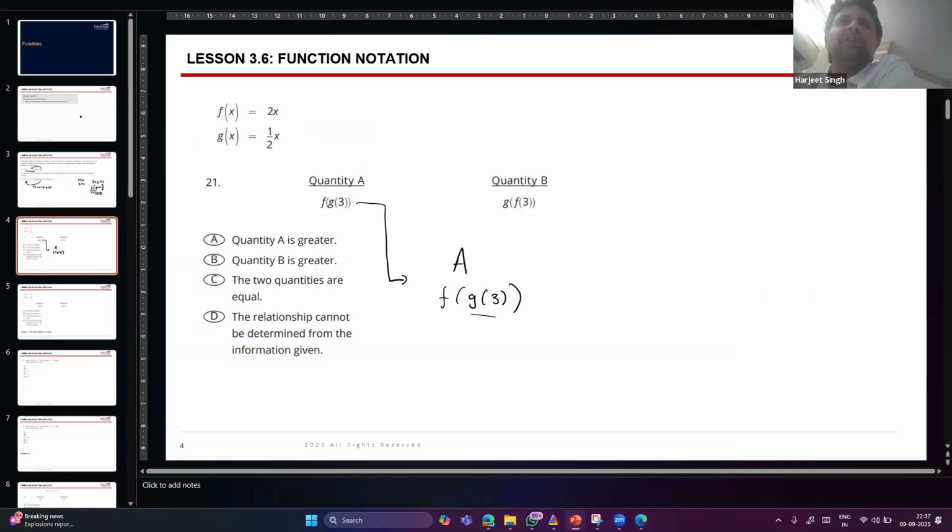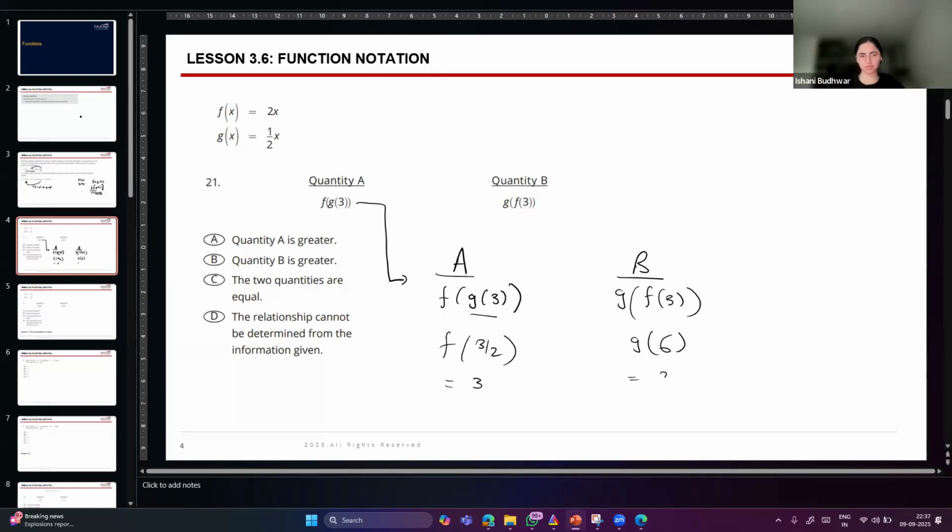Firstly, what is g of 3? 3 by 2. And what is f of 3 by 2? 3. Fantastic. And what is B? g of f of 3. And what is f of 3? 6. So g of 6 is what? 3. So both are equal.